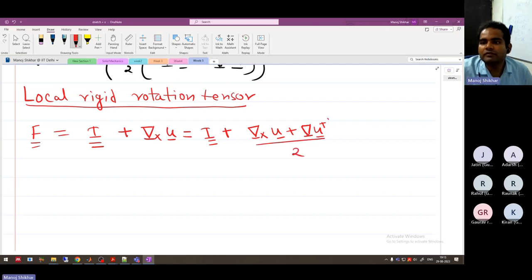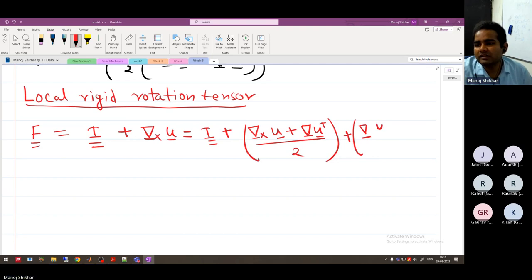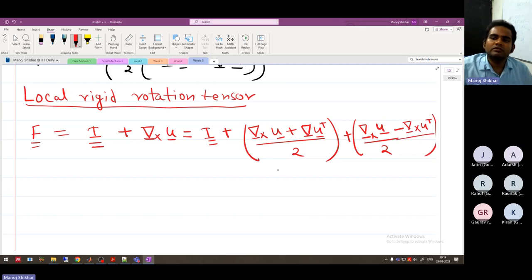So what did we do? We added gradient of U transpose by 2, and now we will subtract gradient of U transpose by 2. Okay. So this part is symmetric. This is skew symmetric.